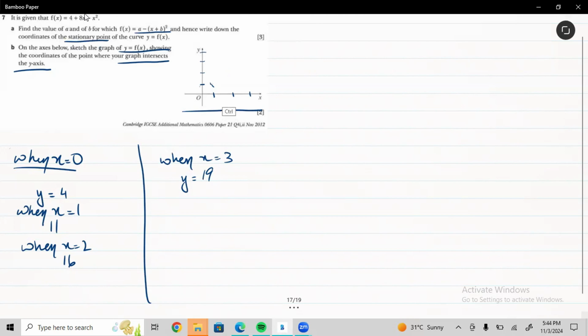My bad. Wait a second. I made it wrong. When x equals 1, y is equal to 11, so it's going to be here. When x equals 2, y is equal to 16.